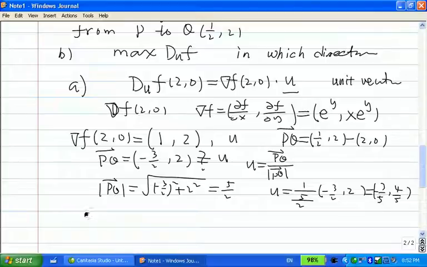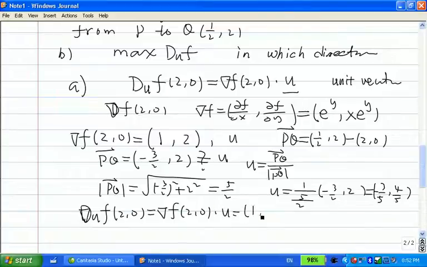Now we're ready to find the directional derivative. The directional derivative of f evaluated at the point (2, 0) in the direction from P to Q is the gradient of f at (2, 0) times u. The gradient of f at (2, 0) is (1, 2), and my u here is (-3/5, 4/5).